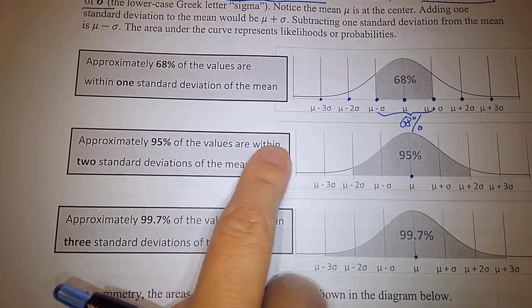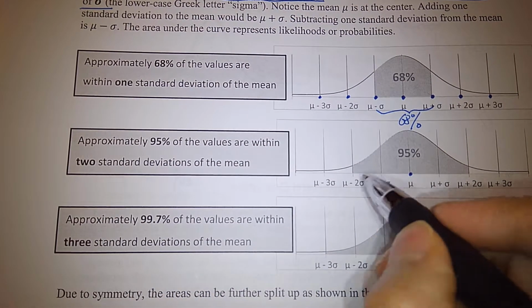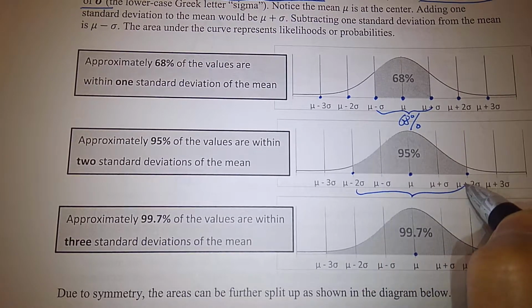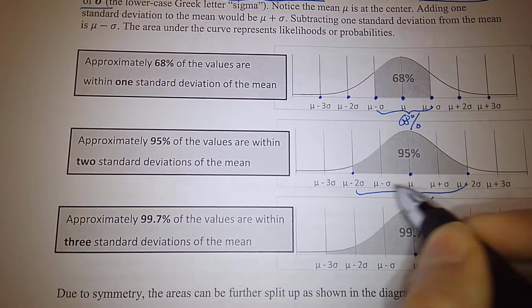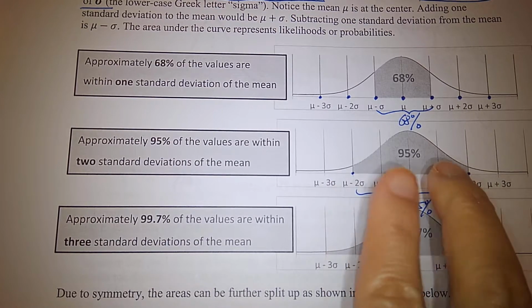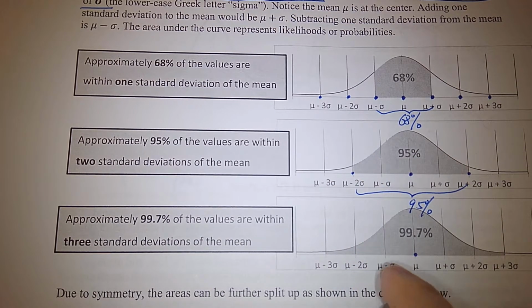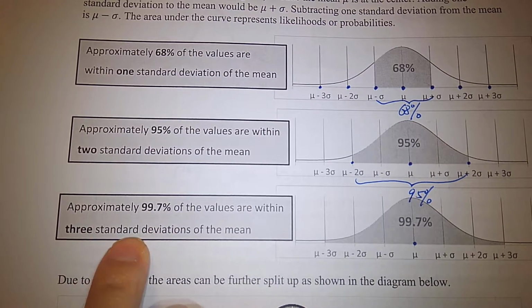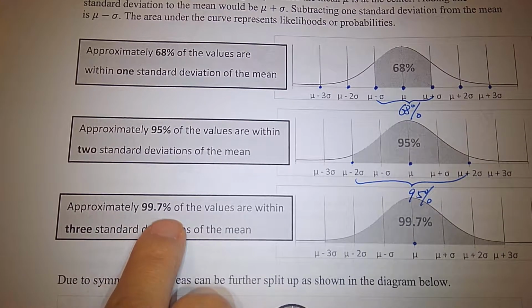95% of the values are within 2 standard deviations. What does this mean? Within 2 standard deviations, 95% of our scores fall. 95% is a large percentage. And within 3 standard deviations, 99.7%.